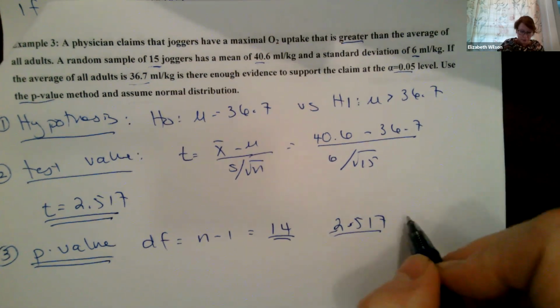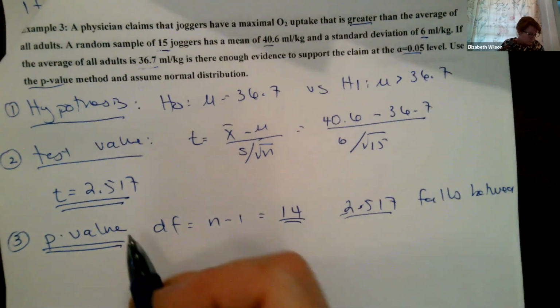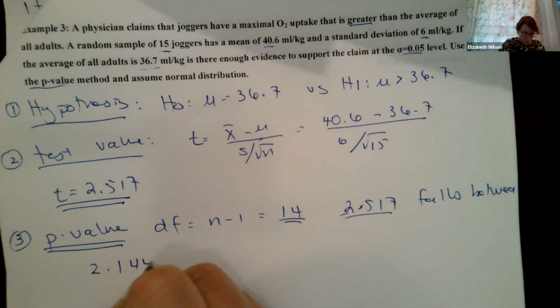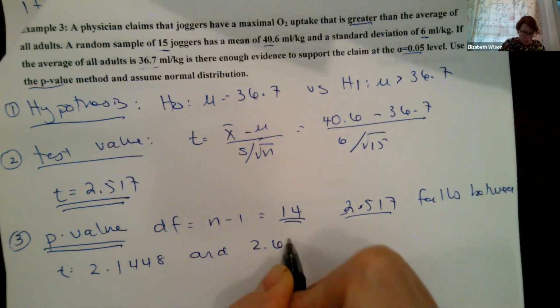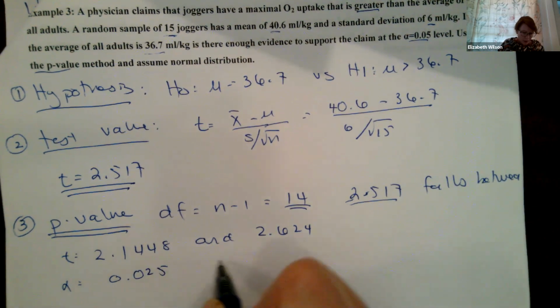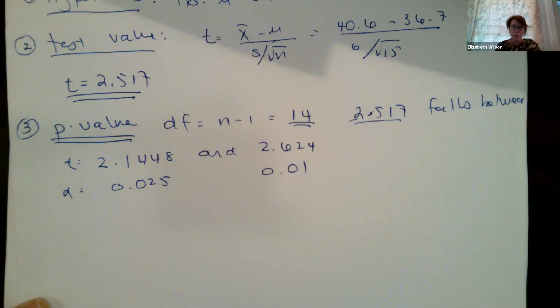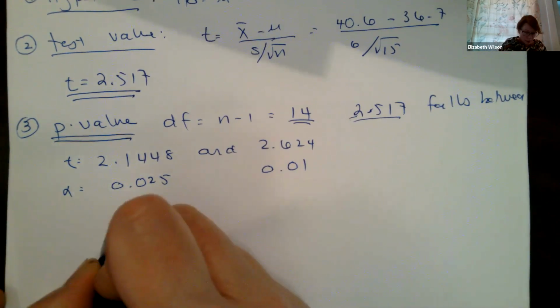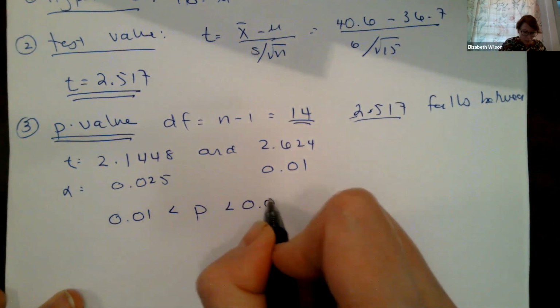This value falls between 2.1448 and 2.624, these are t-values, which correspond to alpha values of 0.025 and 0.01. I'm going to use that to come up with a range of values for my p-value. So I'm going to say 0.01 is less than my p-value, which is less than 0.025.